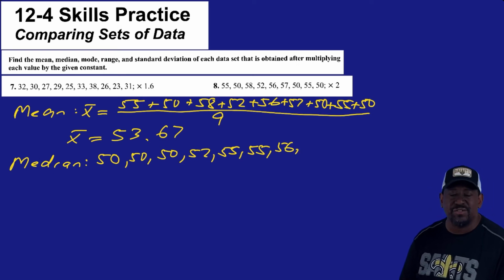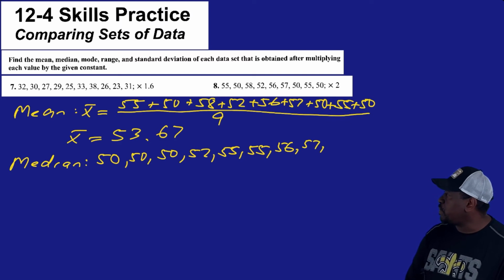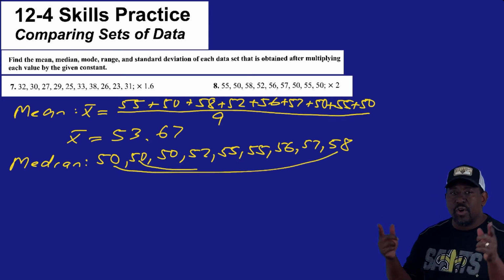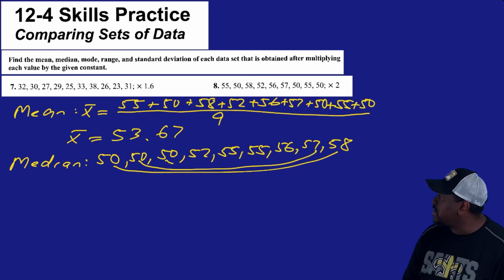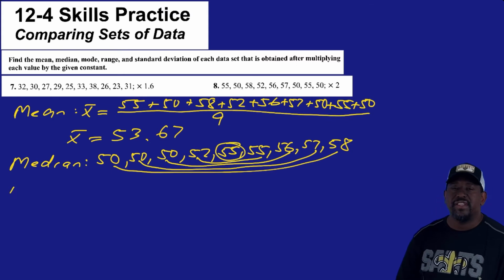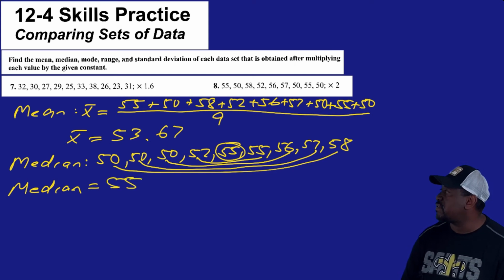That's the method you want to use in calculating the median. We're listing them from least to greatest. Now we have all 9 terms, and we take the ends out, and we're left with one term in the middle, which is 55. And so the median of these 9 terms of data will be 55.